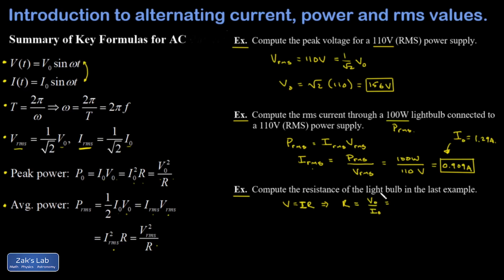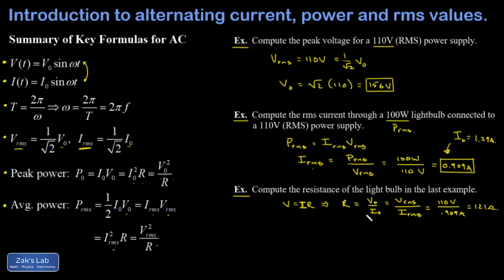But if I divided the top and bottom by √2, then I would be talking about RMS values. So we can just be sort of flippant about it. And as long as we're doing everything in RMS, we just don't have to worry. And I get 110 volts RMS over 0.909 amps RMS. And I get 120 ohms for the resistance of the light bulb.